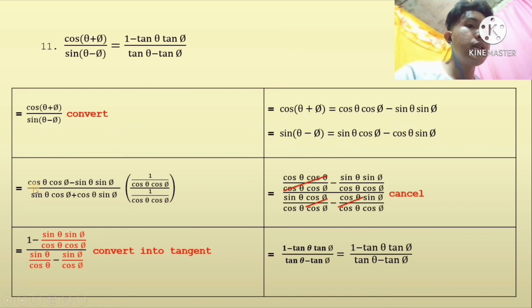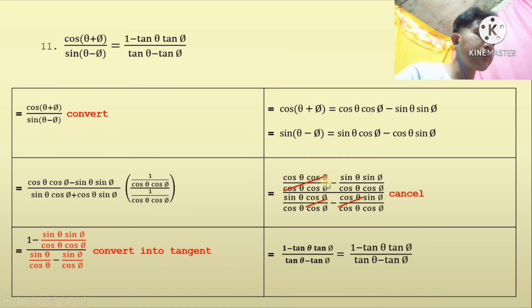So our equation will be (cosine theta times cosine phi minus sin theta times sin phi) over (sin theta times cosine phi minus cos theta times sin phi). Then multiply by 1 over cosine theta times cosine phi over 1 over cosine theta times cosine phi.